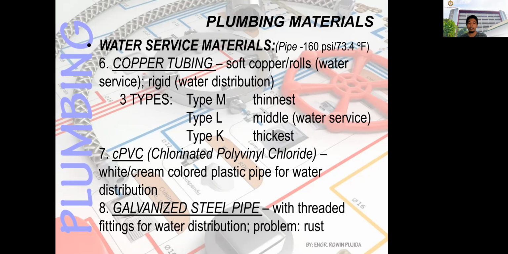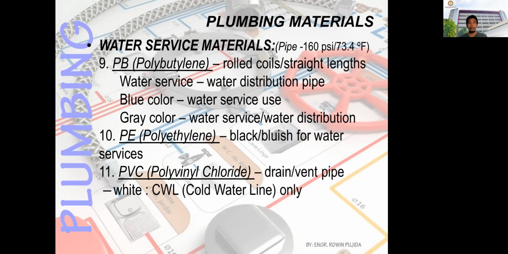The problem of this is rust. Okay, so there are also advantages and disadvantages if you have to use plastic pipes or galvanized steel pipes. Then you have here PB, polybutylene pipes, in rolled coils and straight lengths.